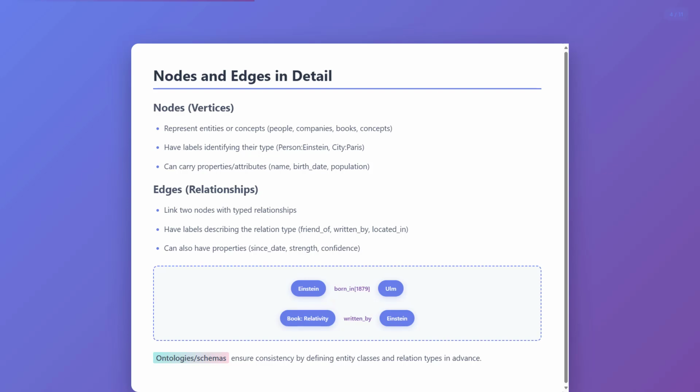The ontology or schema aspect is important for larger systems. Rather than having a free-for-all where anyone can create any relationship, successful knowledge graphs define their entity types and relationship types upfront. This ensures consistency and enables more sophisticated reasoning.